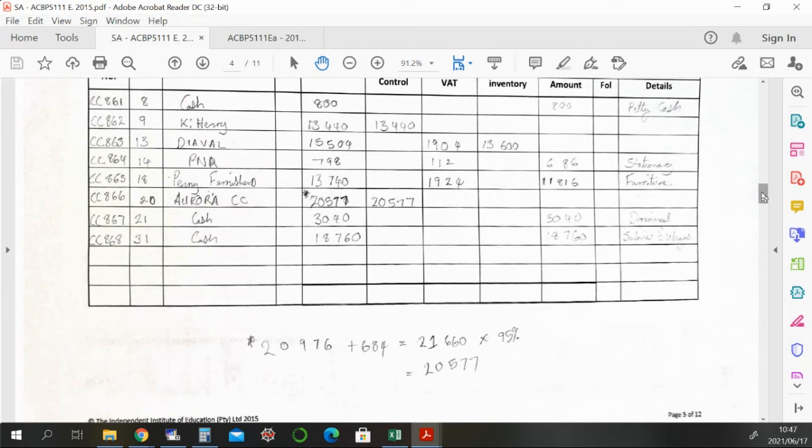In focusing on this payment, we have to calculate how much was actually owed. Remember that 18,400 that I told you about? It was excluding that, so we needed to calculate the amount inclusive of it.